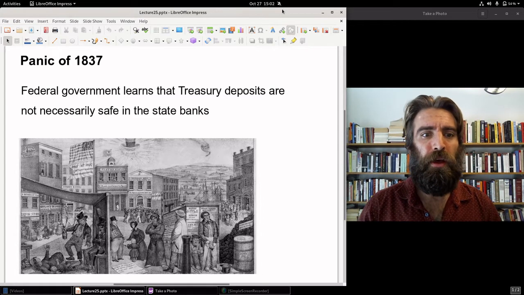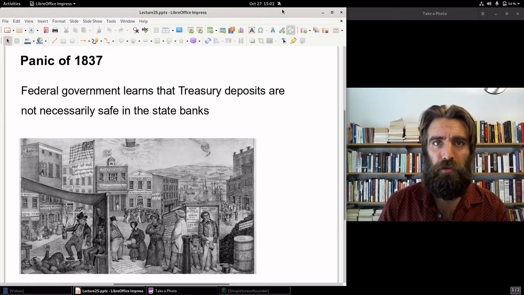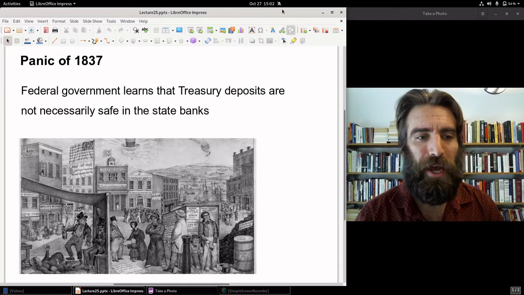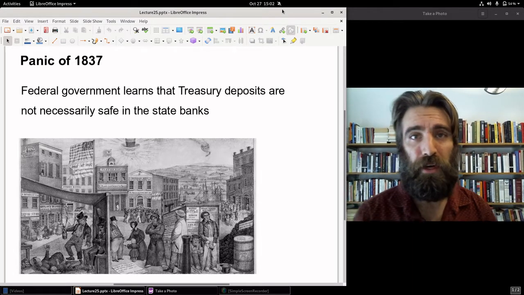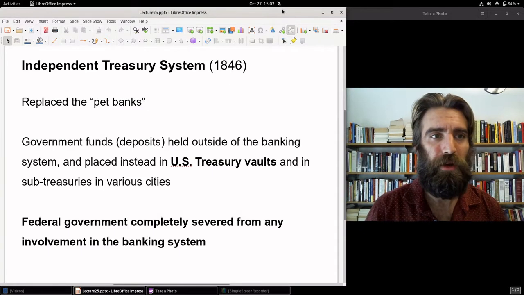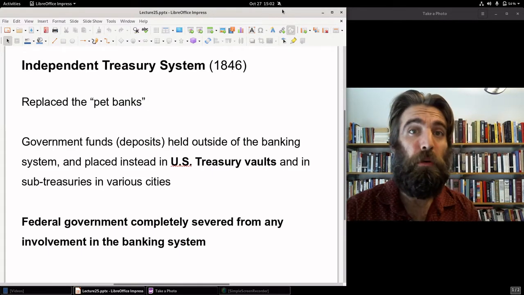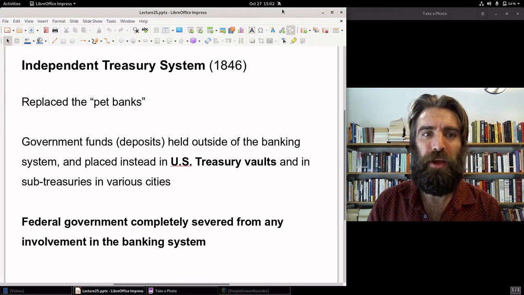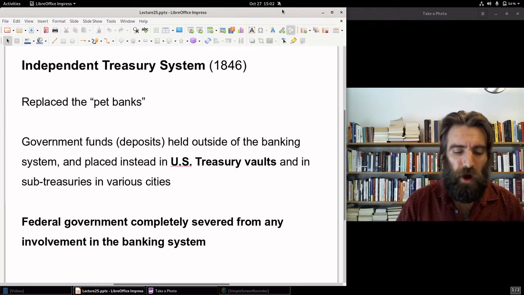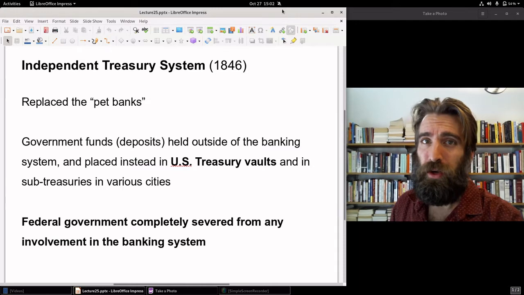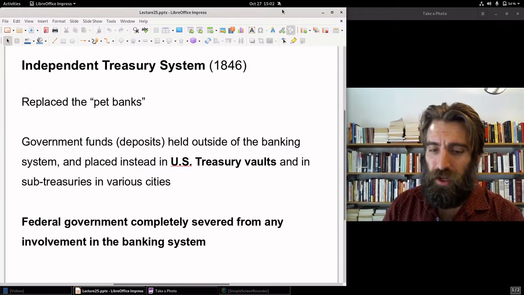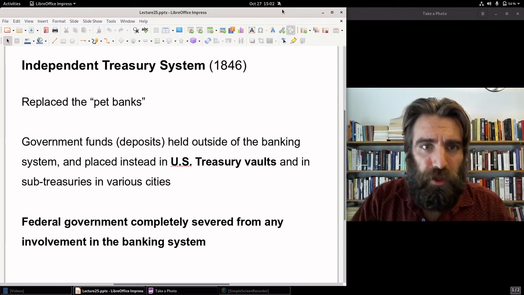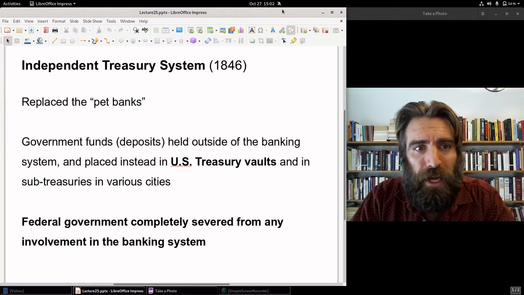And so after the Panic of 1837, there was a movement, opposed by the state banks and opposed by the Whig Party, but it eventually passes Congress and receives the president's signature, President Polk to be specific, for an independent treasury system to replace the system of pet banks that had arguably caused the panic in 1837. The first independent treasury law was actually passed under Martin Van Buren, but then the Whigs quickly repealed it in 1840. But it was resurrected under President Polk in 1846.